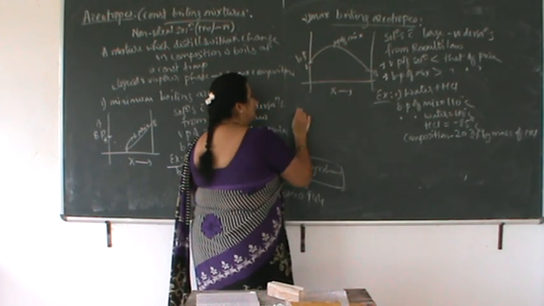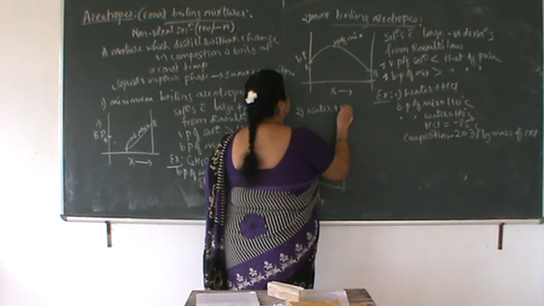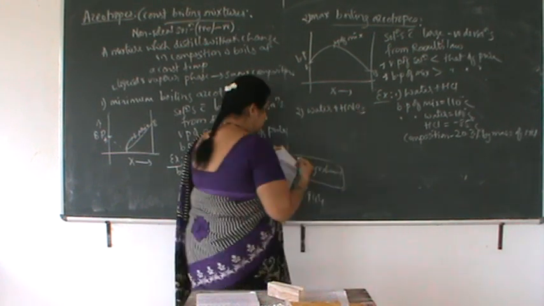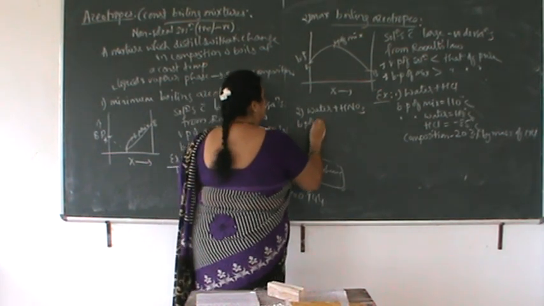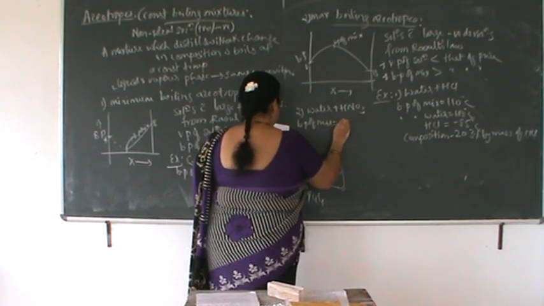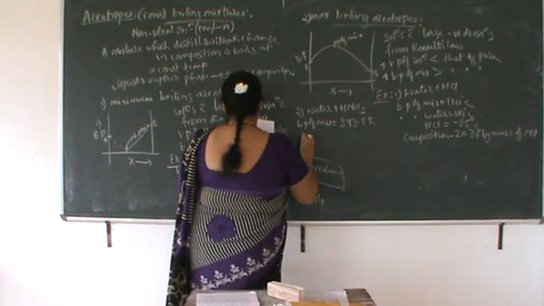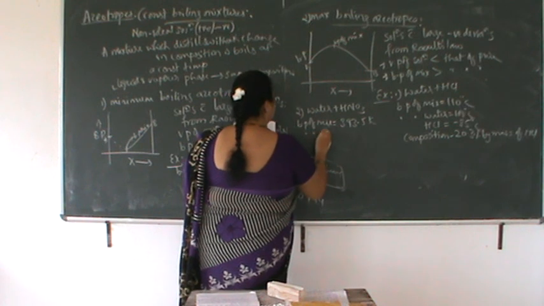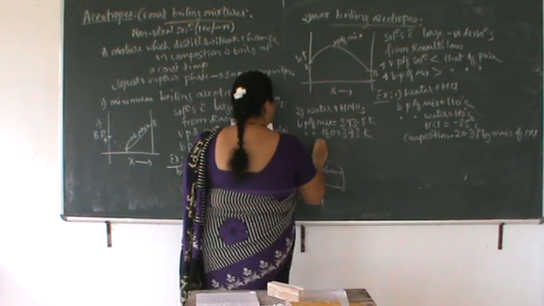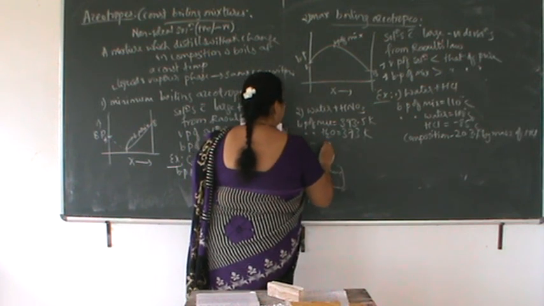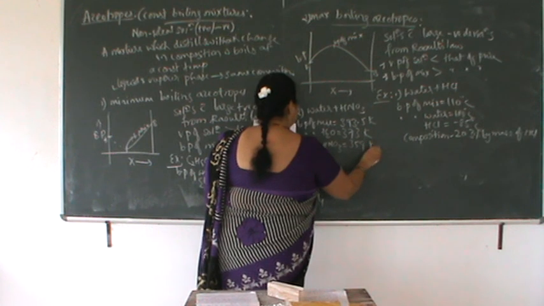Second example, water plus HNO3. In this, the boiling point of the mixture is 393.5 Kelvin, the boiling point of water is 373 Kelvin, and the boiling point of HNO3 is 359 Kelvin.